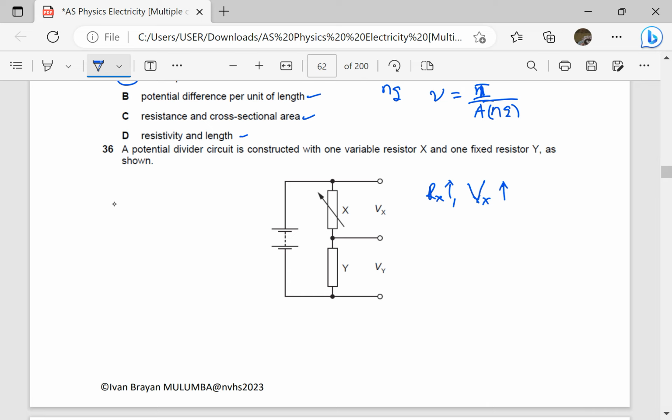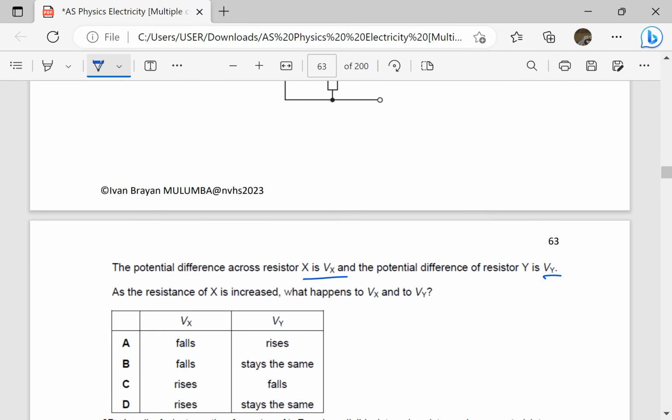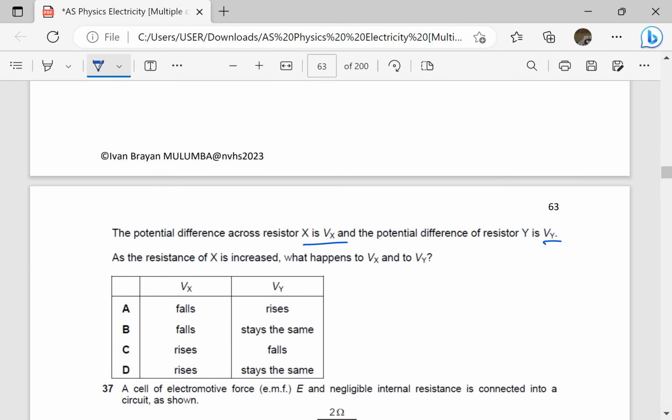EMF is equal to the PD across X plus PD across Y. When this one increases and this one is constant, this one must decrease. Therefore, the PD across X rises, so this is wrong, and the PD across Y falls, so the answer is going to be C.